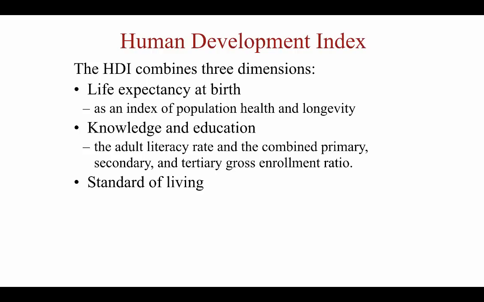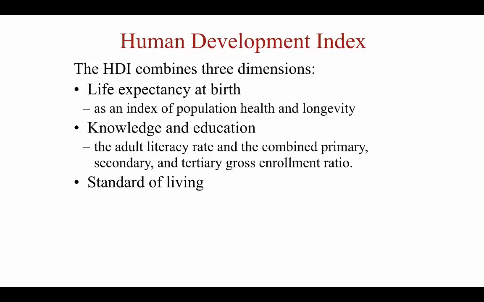Amartya Sen's concept of development as freedom was the basis of the Human Development Index in the early 1990s. The Human Development Index combines three dimensions: life expectancy at birth, knowledge and education, and standard of living.